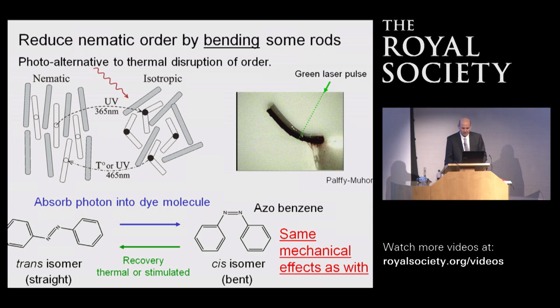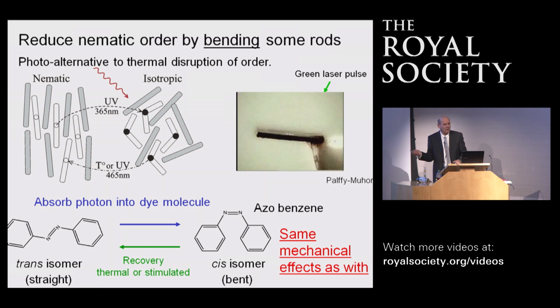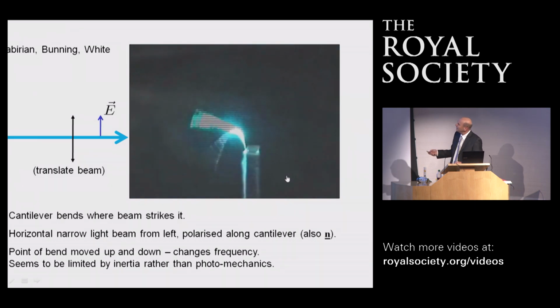And here is an example from another colleague, Peter Palffy, and he's shining a green laser on this rod, and it's contracting on this side, this little bit of rubber, more than on the other side, because that's where the light hits it, and this contraction causes it to bend. And this takes place very quickly, over about 25 milliseconds. So this is, again, a very large effect, but it's optical and not heat. And here's another one, light being shone onto one of these cantilevers, causing it to bend forward.